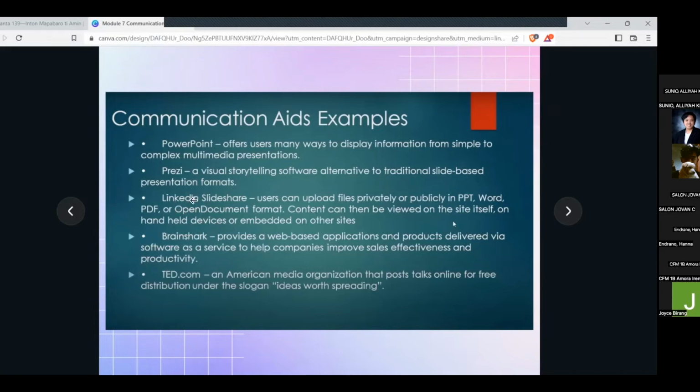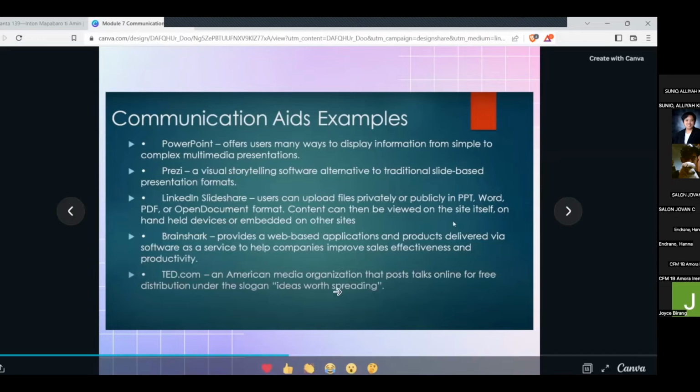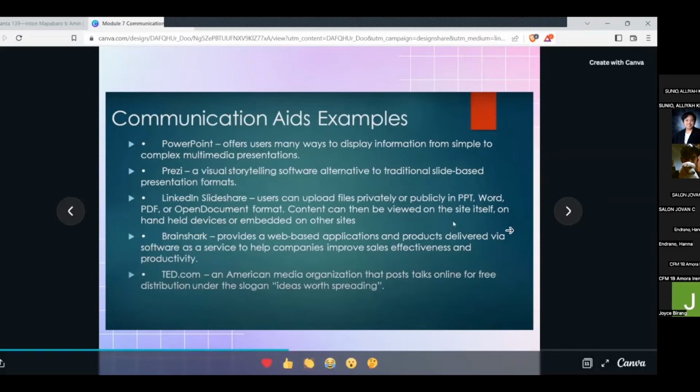So if you haven't yet, you can already start navigating and creating your own LinkedIn account. Last, we have TED.com. We have watched a couple of speeches already from TED. For those of you who love watching TED, it's really nice because you learn a lot of ideas. It says, ideas worth spreading, right?